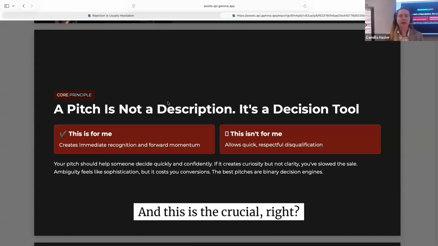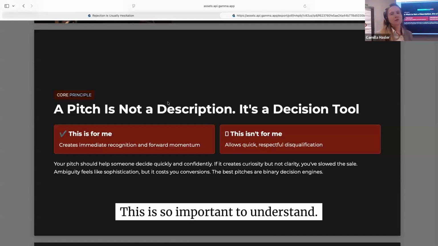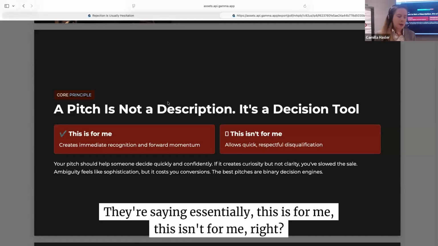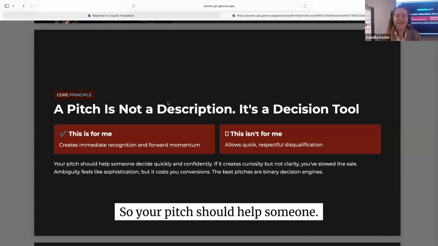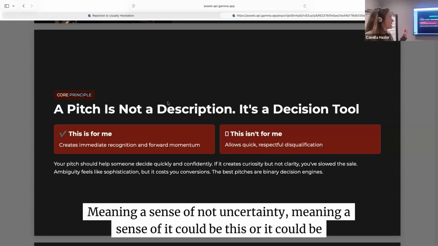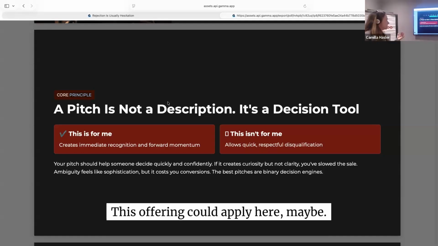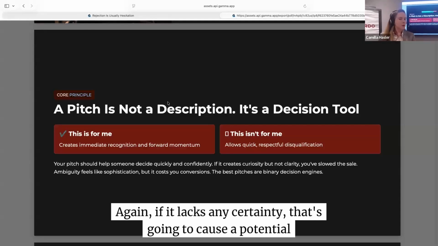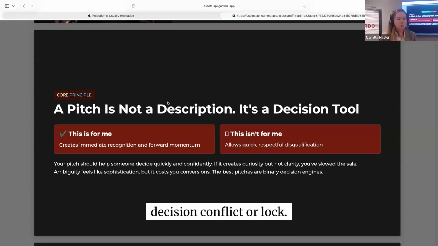This is so important to understand. They're saying essentially, this is for me, or this isn't for me. So your pitch should help someone. It should create curiosity and clarity. But if there is ambiguity, meaning a sense of uncertainty, a sense of it could be this or it could be that, this offering could apply here, maybe, if it lacks any certainty, that's going to cause a potential decision conflict or lock.